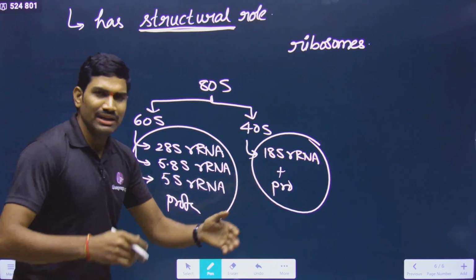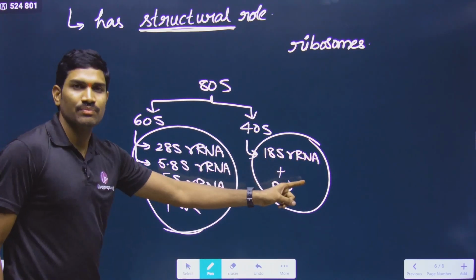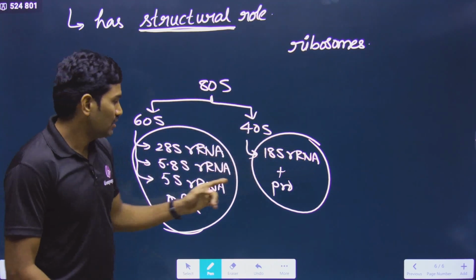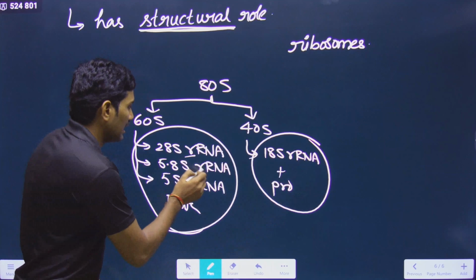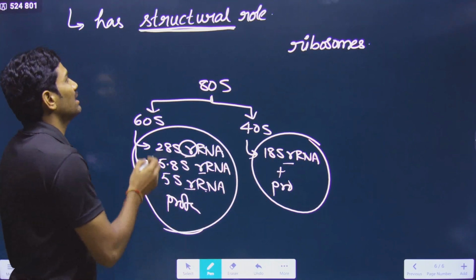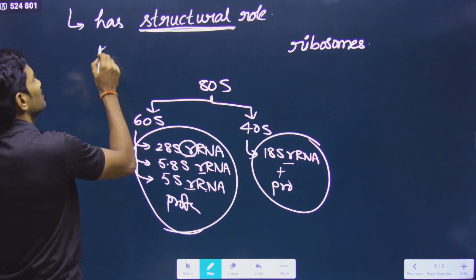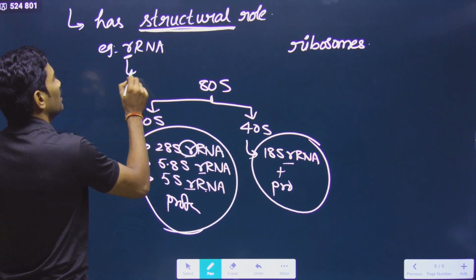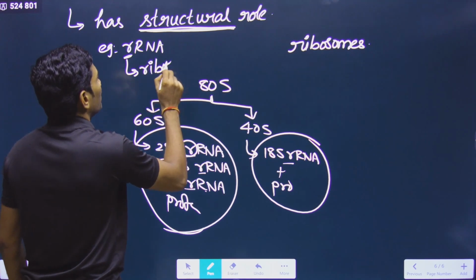We are not worrying about proteins; focus on rRNAs. So to form the ribosomes, different types of RNAs are required, and all these RNAs are rRNAs. What does this small r mean? Ribosomal RNA.